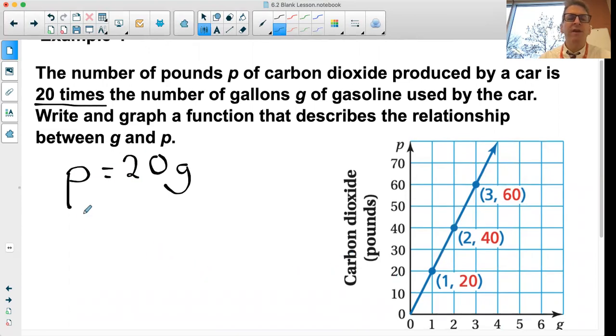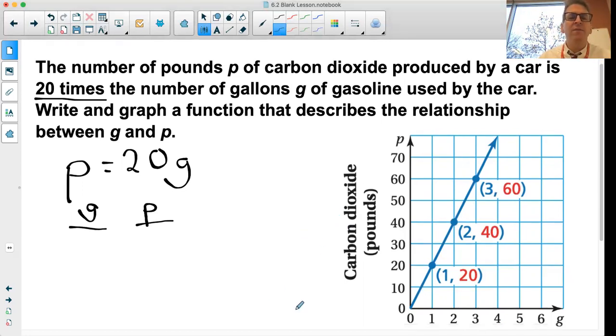And as you can see, what I did is I've got your G, the input, P, the output. G is independent, and the carbon dioxide is dependent upon the number of gallons. Okay, so that's where those independent and dependent come in.